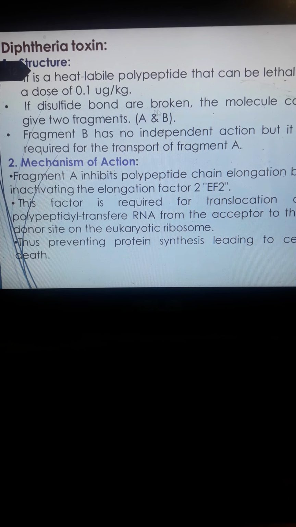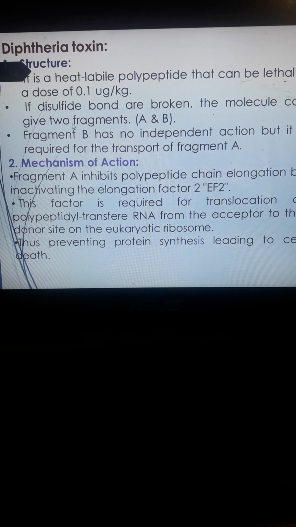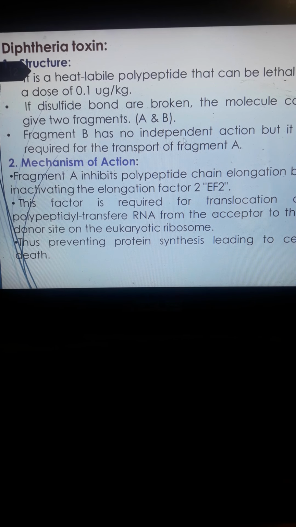If disulfide bonds are broken, the molecule gives two fragments, A and B. Fragment B has no independent action, but it is required for the transport of fragment A, because fragment B helps the binding of fragment A to the receptors. That is the function of fragment B.